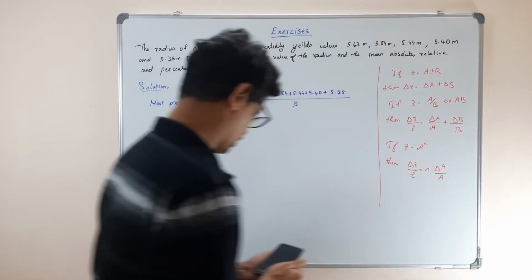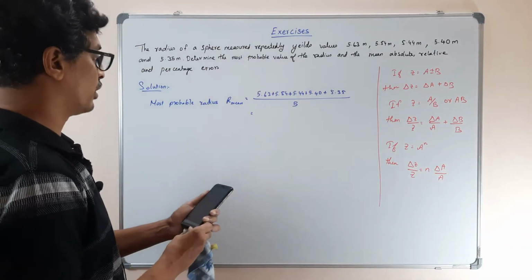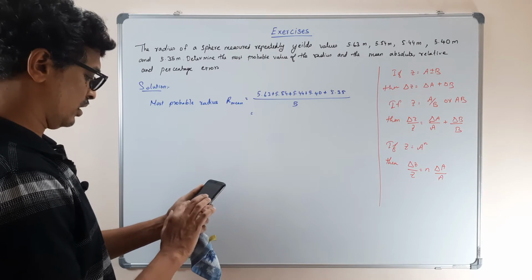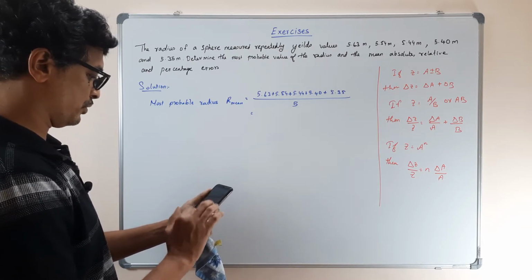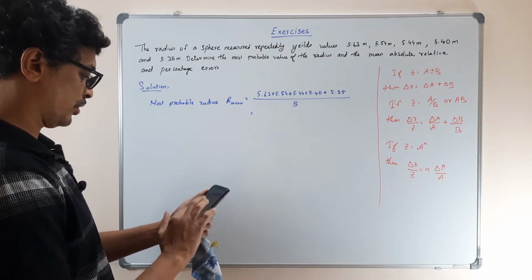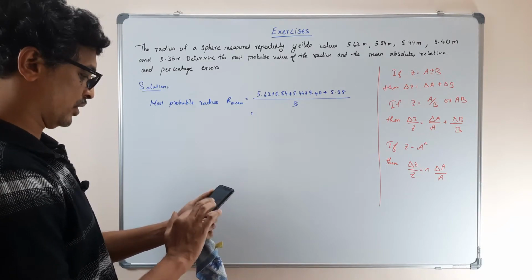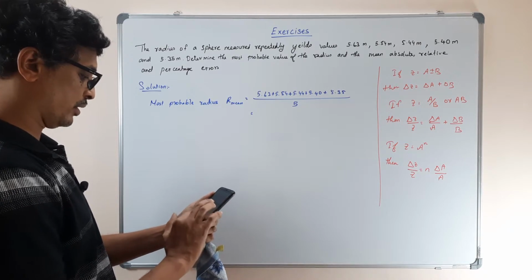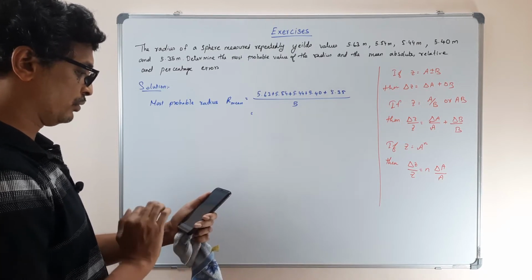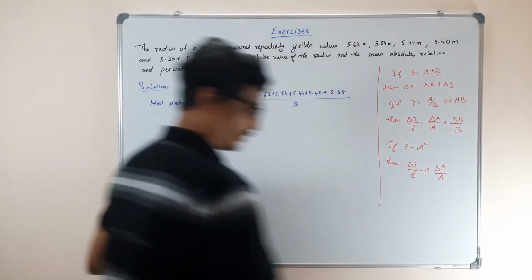Let us use, I can use a calculator, but you can't use. Okay, 5.63 plus 5.54 plus 5.44 plus 5.40 plus 5.35 equal to 27.36.